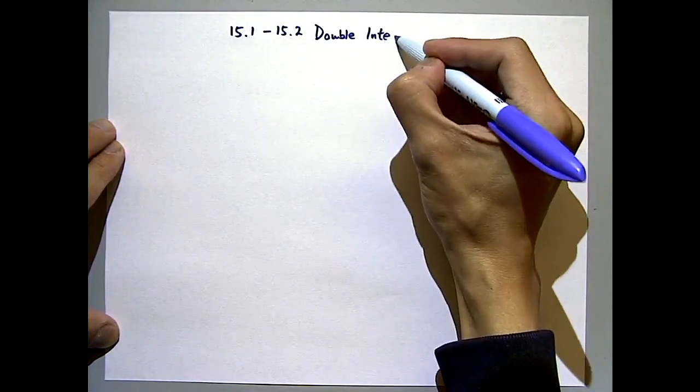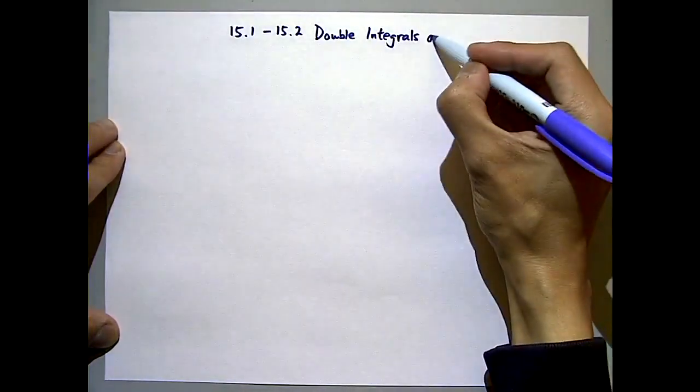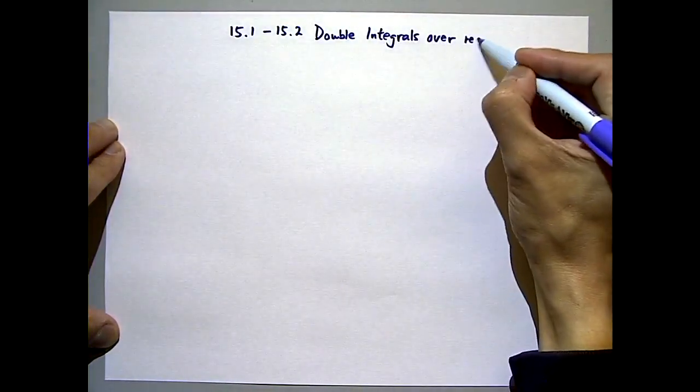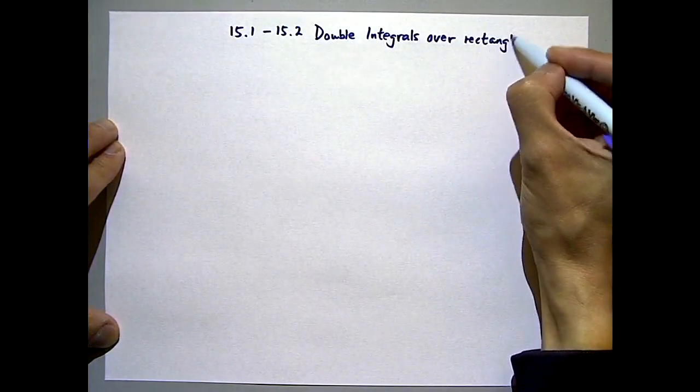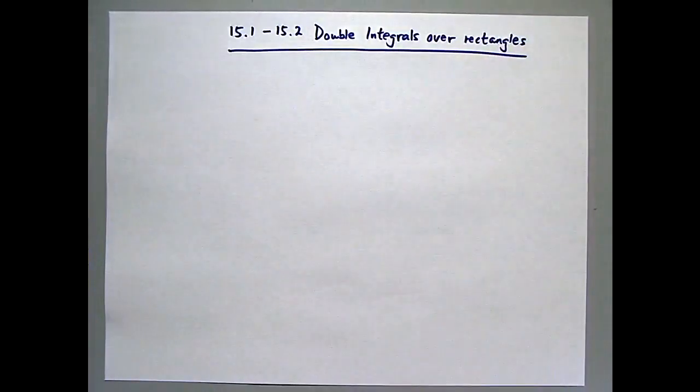We're going to be switching gears now and looking at integration, double integrals over rectangles. Let's again take advantage of what you already know about single variable calculus and then expand our knowledge to cover multivariable.